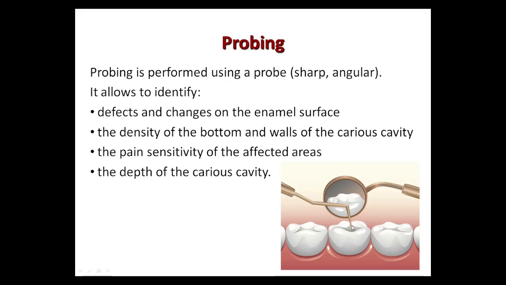Probing allows us to identify first defects and changes of the enamel surface, the density of the bottom and walls of the caries cavity, the pain sensitivity of the affected areas, and the depth of the caries cavity.